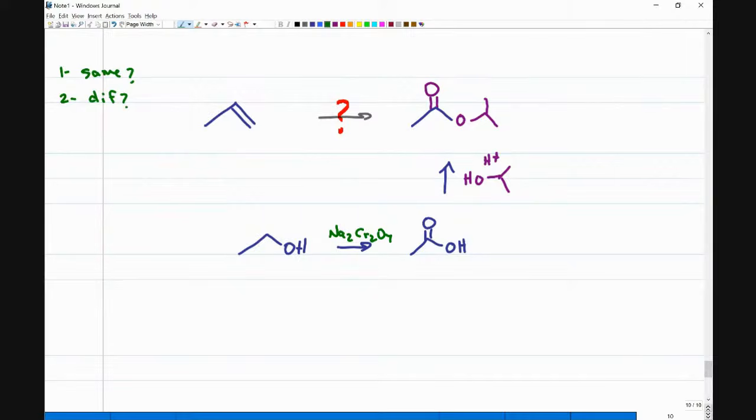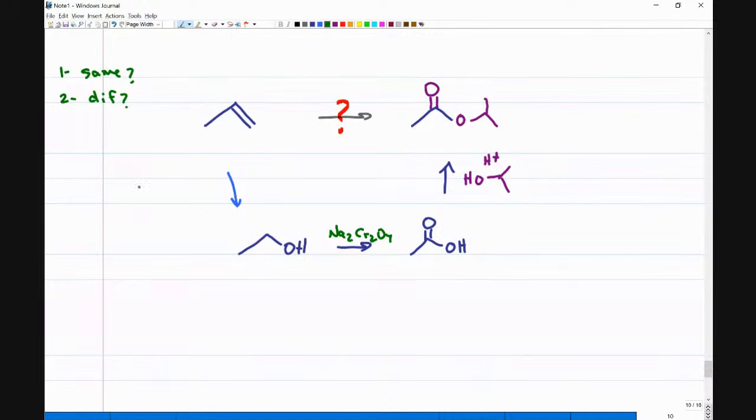Okay, so how do I turn this into an alcohol? Hopefully you remember your Orgo 1 reactions. To get an alcohol on a primary carbon, what do I use to get an anti-Markovnikov alkene addition reaction? Hydroboration.